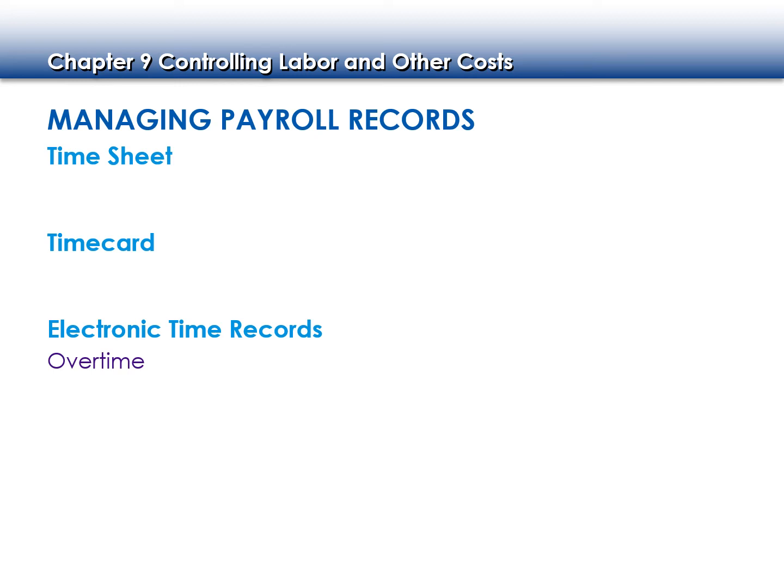They take their time card, whether it's an actual card that they put into a unit on the wall, or a table, that will punch the time that they enter and the time that they leave. If we can do some kind of electronic version of that, it's going to help us with identifying overtime.